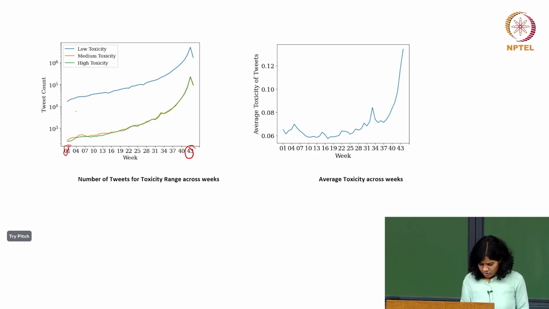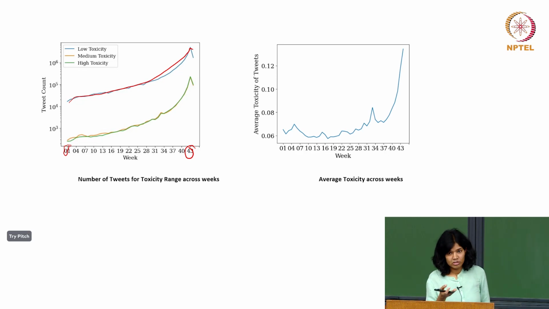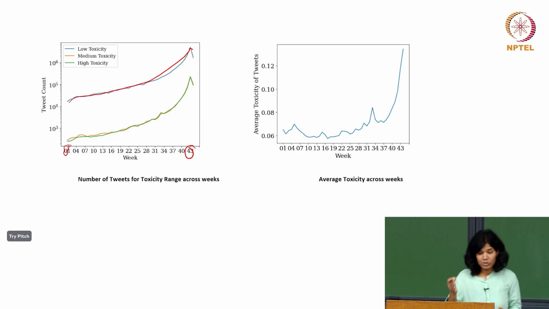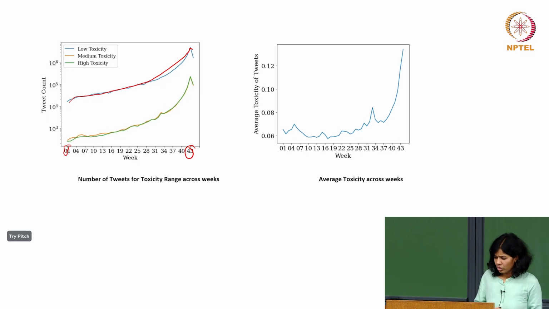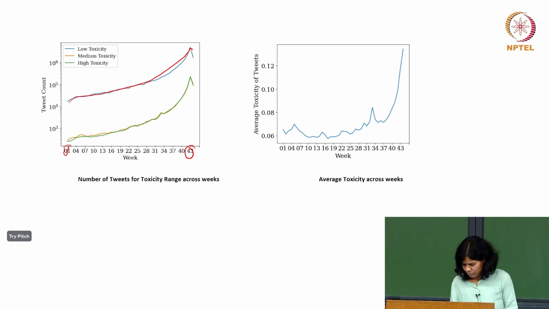The low toxicity tweets are also going up, right? And medium toxicity too. In general, it seems like the network is becoming more toxic, because even low toxicity tweets are going up, and medium toxicity tweets are also going up. So in general, the network is becoming more toxic. This plot also shows it, right?